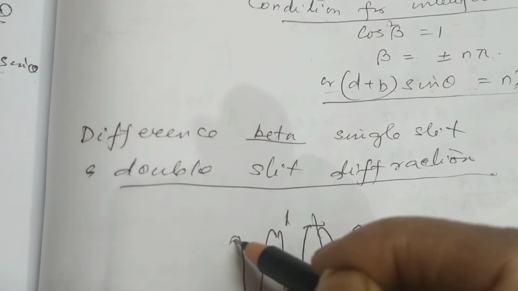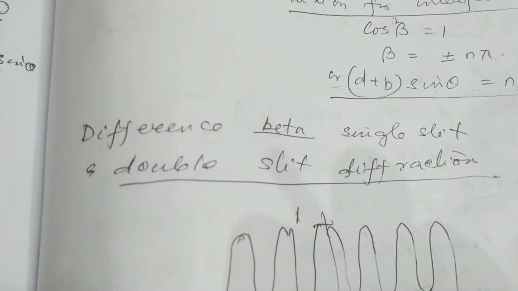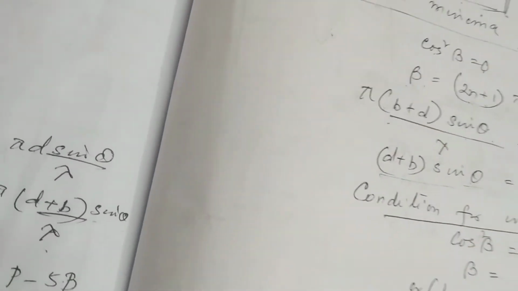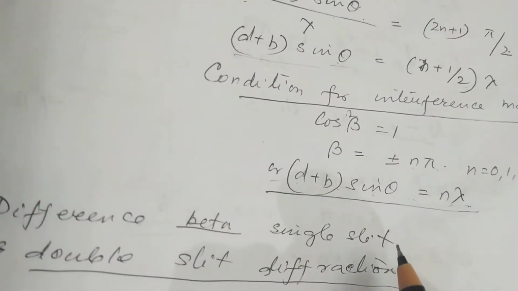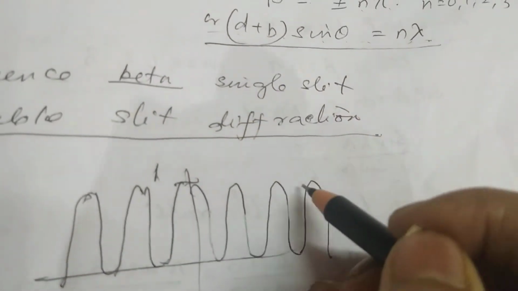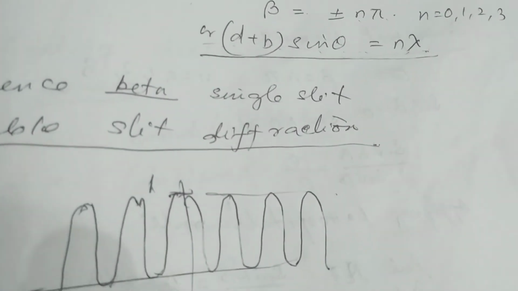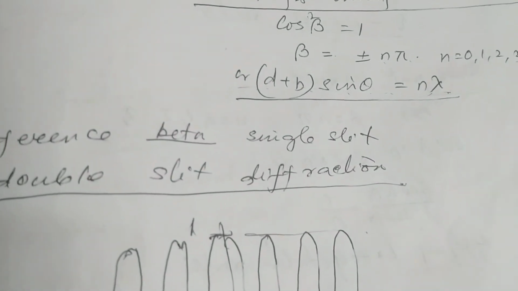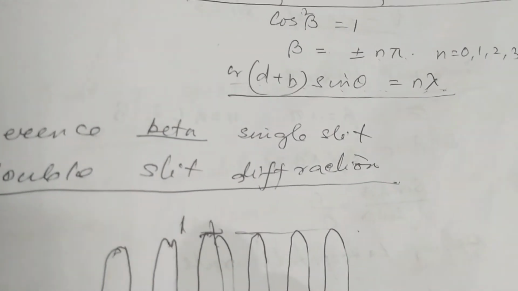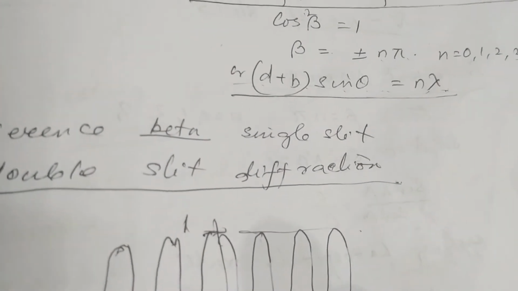So this is the cos square beta term, plotted against beta. It is getting maxima and minima with cos square beta maximum value 1. But sin square alpha by alpha square, that is one more term that is there. That is like this. We have already seen.